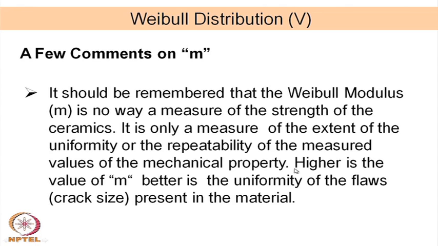Because statistically, a particular material may have a large size, different sizes of flaws, and if the flaw sizes are different in any particular sample or a set of samples, obviously the measurement will be widespread, or the values we will get will be widespread, and the Weibull modulus will be a small or smaller value.